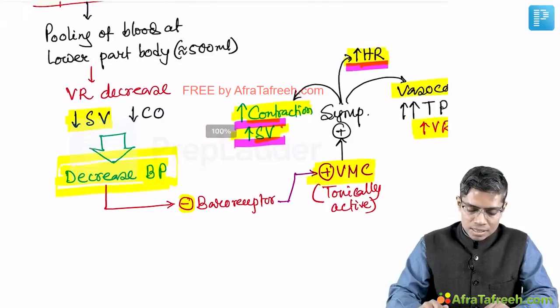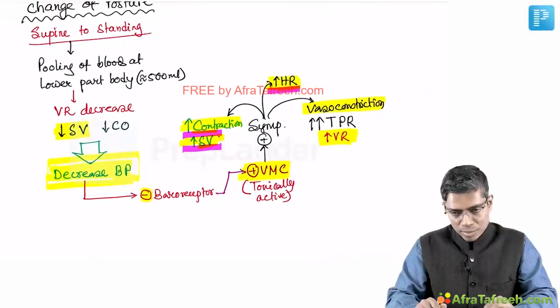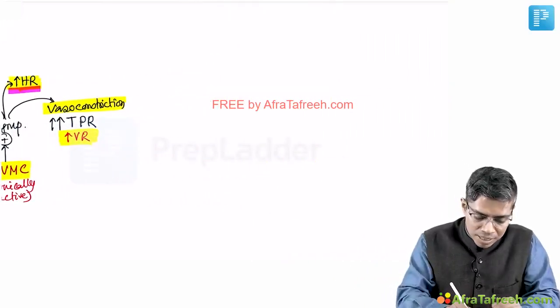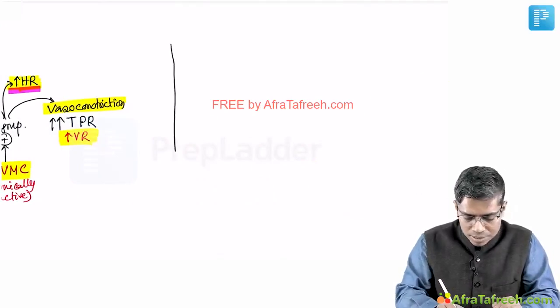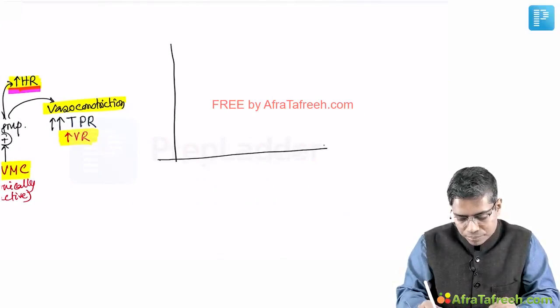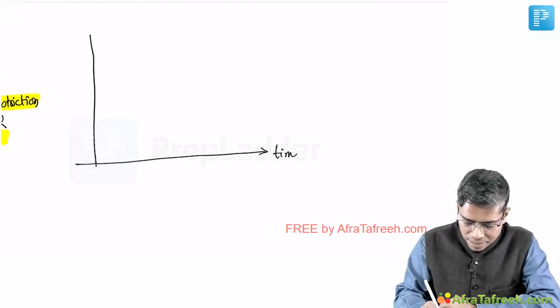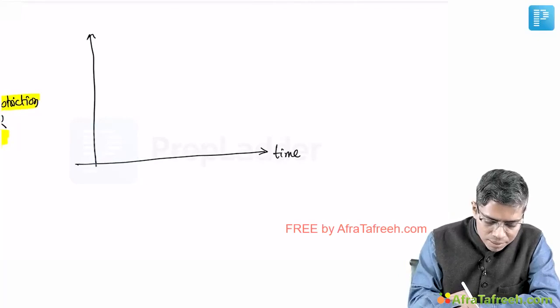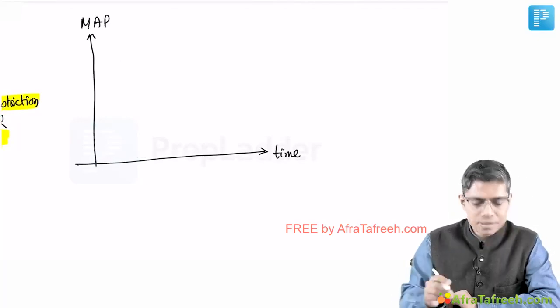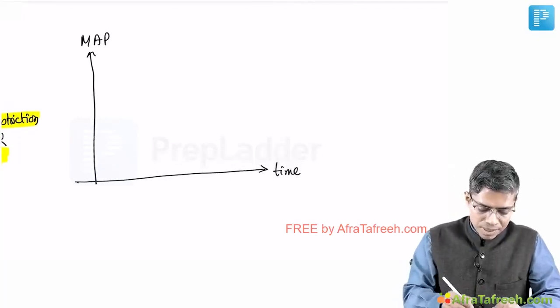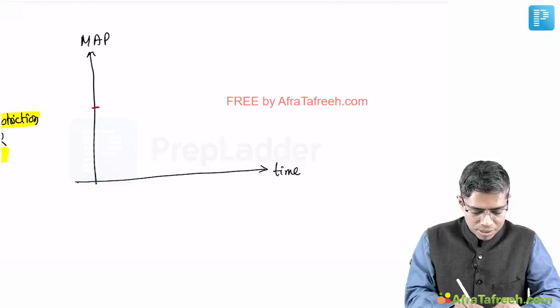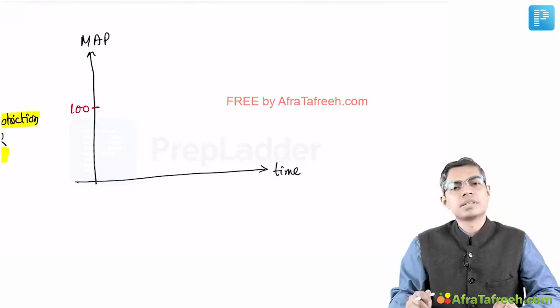So if you try to understand this change of posture and blood pressure correction with the help of a graph, then the graph will look like this. Okay, look at, very important. So the x-axis is the time axis and the y-axis is the mean arterial pressure of the person, right? So suppose the mean arterial pressure is here at 100 millimeter of mercury.